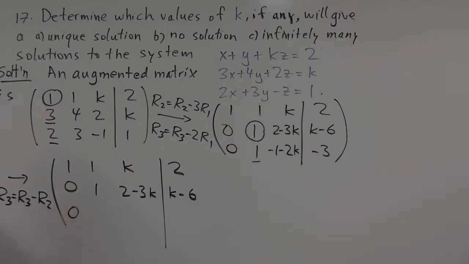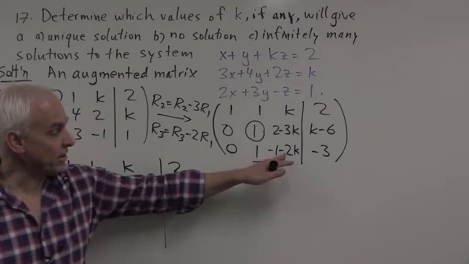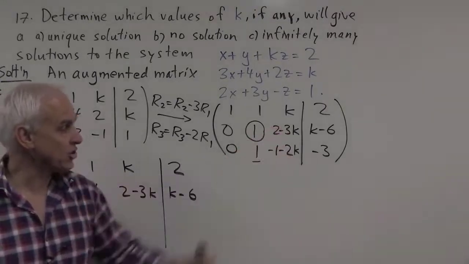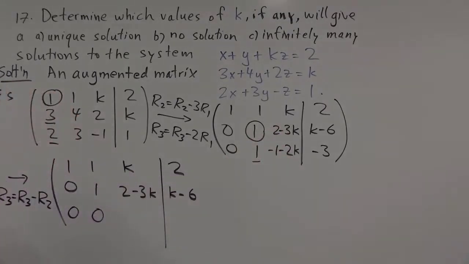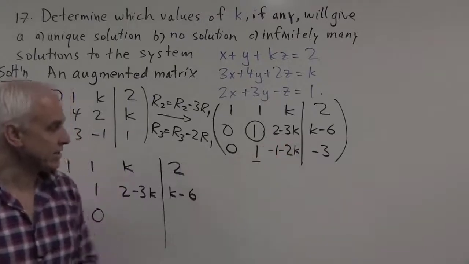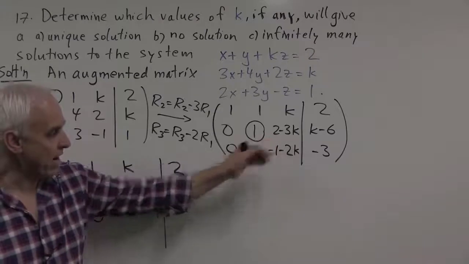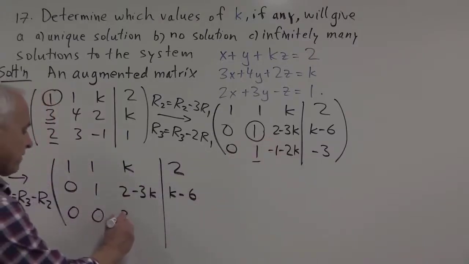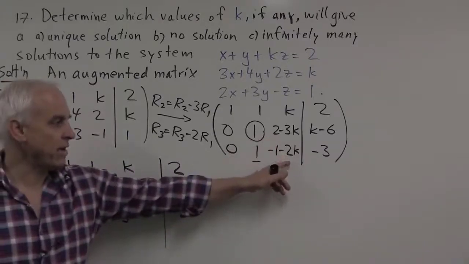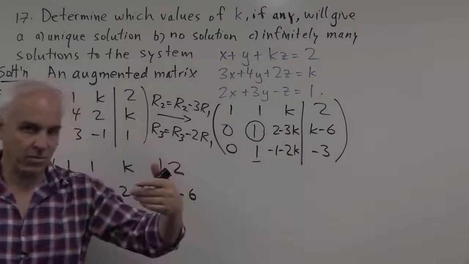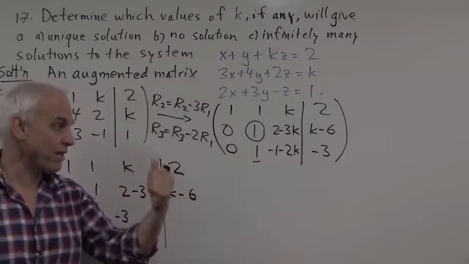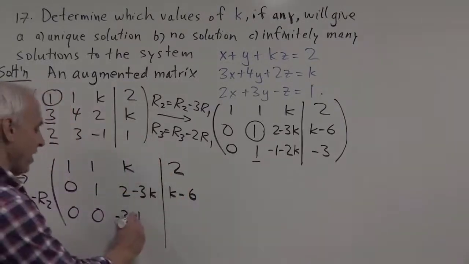Take this row and subtract row 2 from it. That'll give us 0. 1 minus 1 is 0. And then over here we have minus 1 minus 2k minus the quantity 2 minus 3k. So this entry minus this. Well, I think we can do that in our heads. Minus 1 minus 2 will be minus 3. And minus 2k minus minus 3k will be minus 2k plus 3k for a total of plus k.